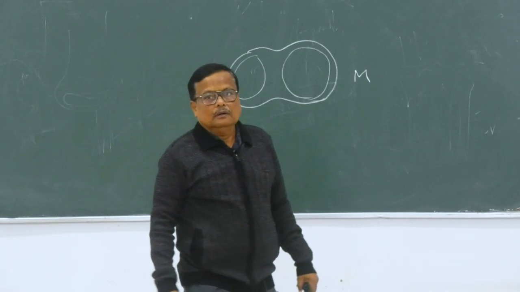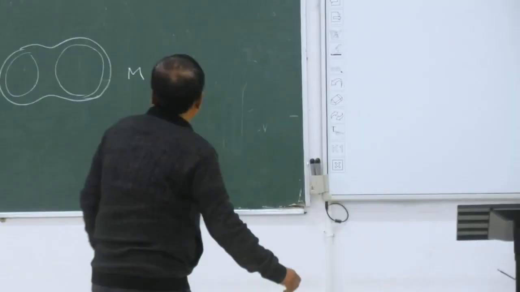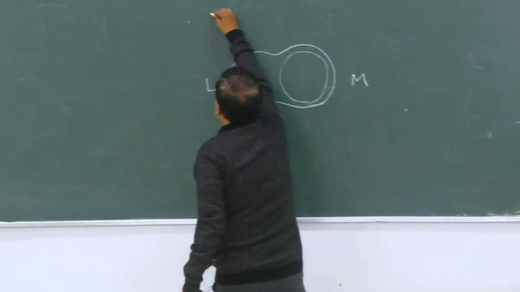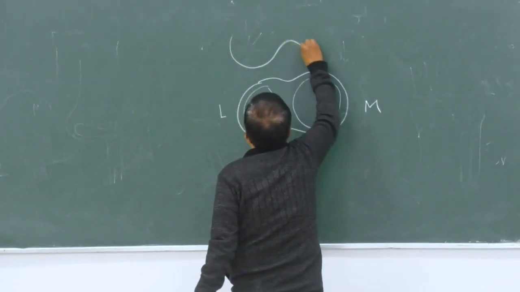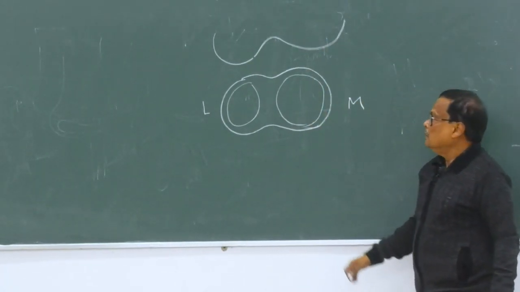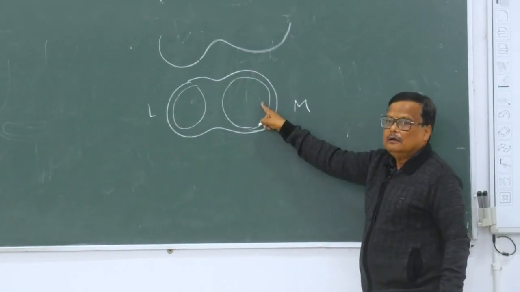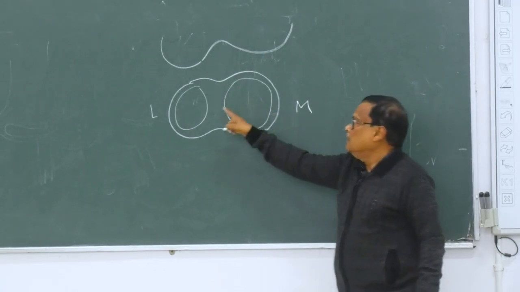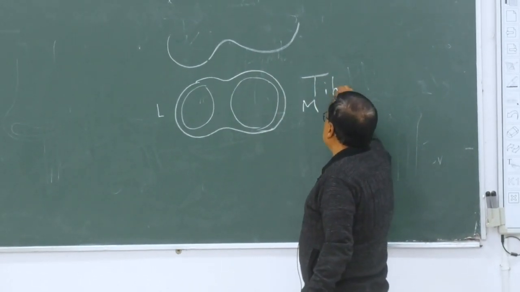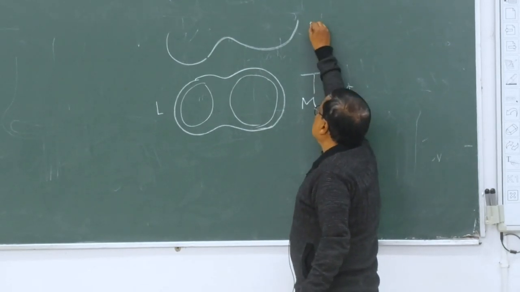This is the medial condyle and the lateral condyle of the tibia, and this is the femur.